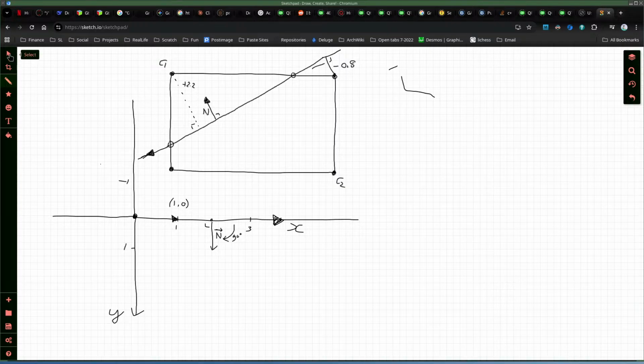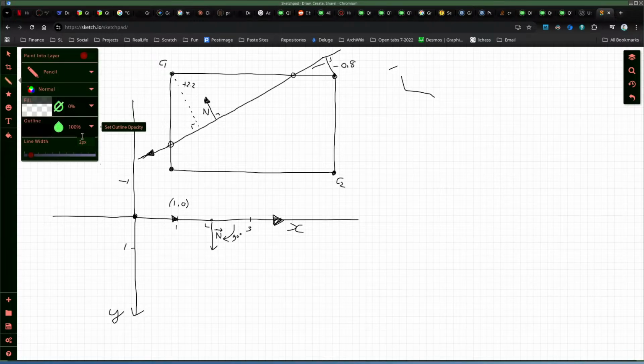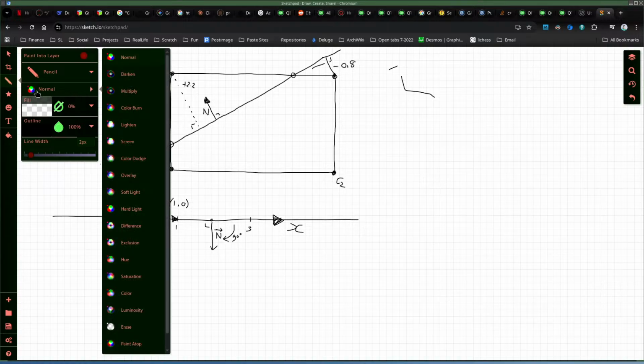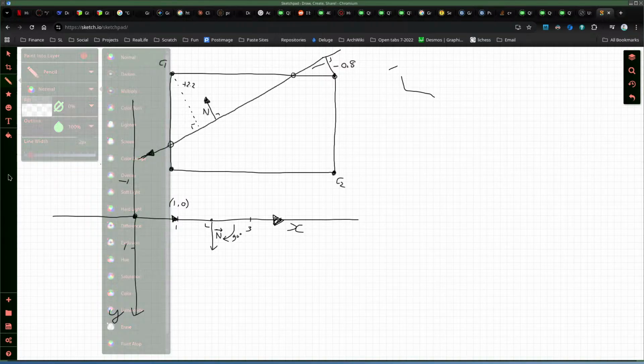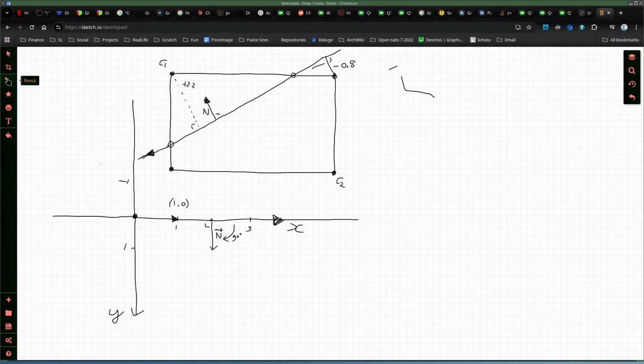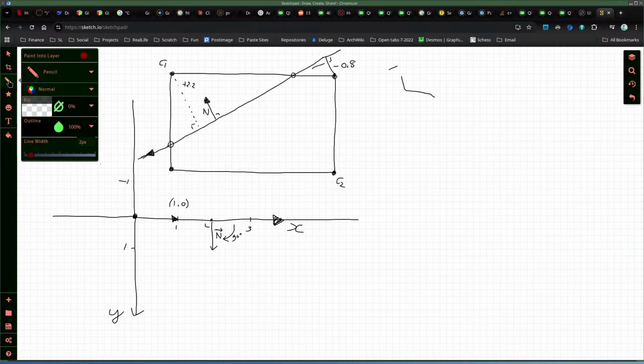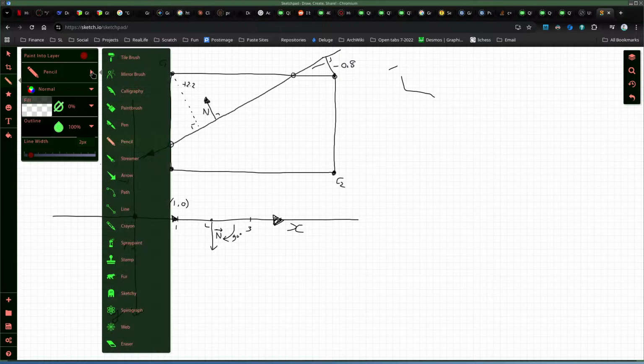So I'm going to use a different color, I think. Colors, no colors. How the hell do you change the color here? Pencil. Oh, no. Not really seeing it. Choose brush.